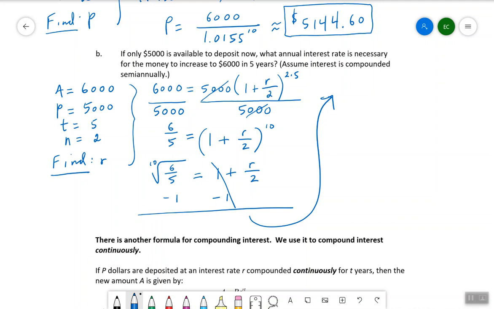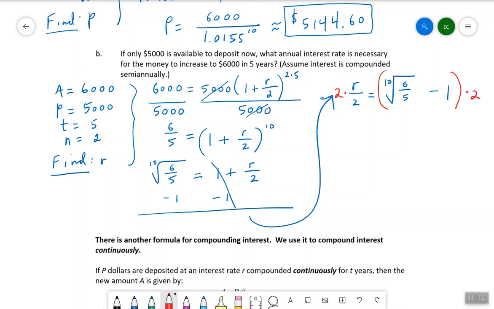And we'll have R over 2. Maybe I could go ahead and switch the two sides. Put R over 2 on the left, and then put the 10th root of 6 over 5 minus 1 on the right side. And then to get R by itself, we just need to multiply both sides by 2. Multiply by 2 over there, and then multiply by 2 right there.